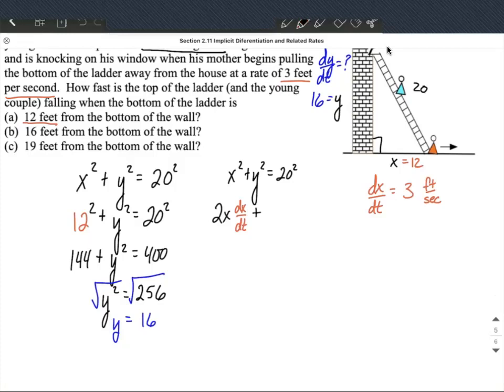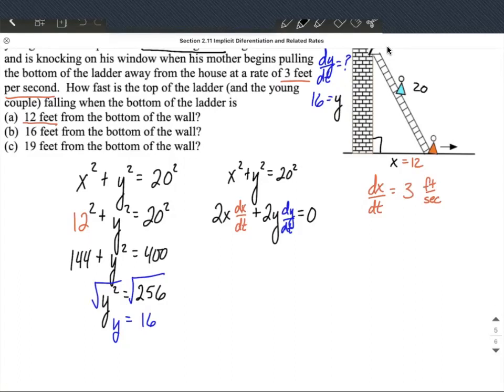Plus y squared, whose derivative is 2y, but next to that I put dy/dt, because we just differentiated a y with respect to time. On the right-hand side, it's easy to get confused, but 20 squared is the same thing as 400. That's just a constant, and the derivative of a constant is 0.